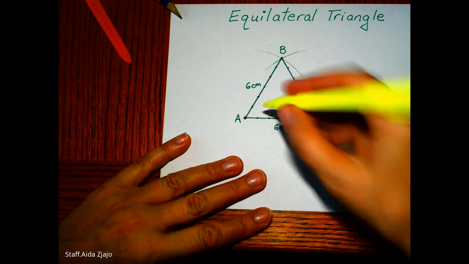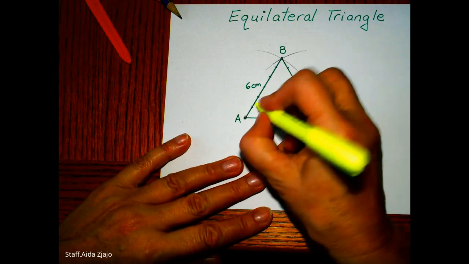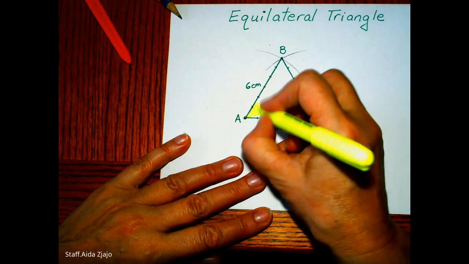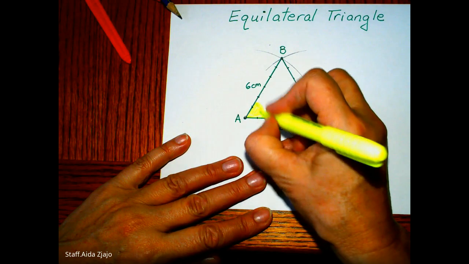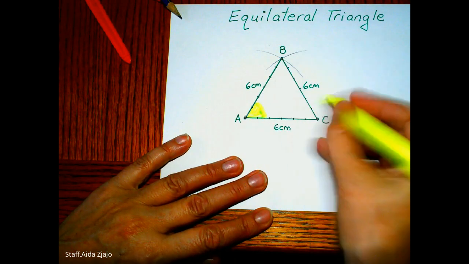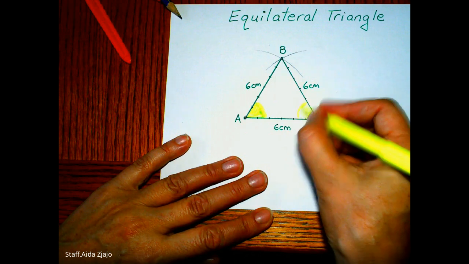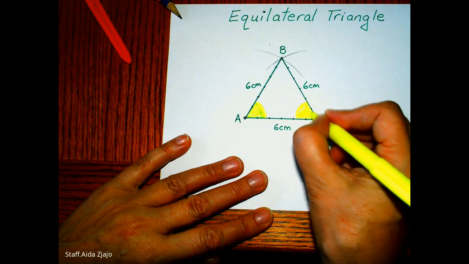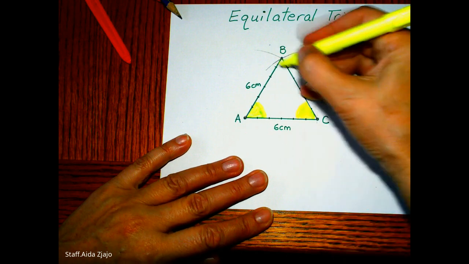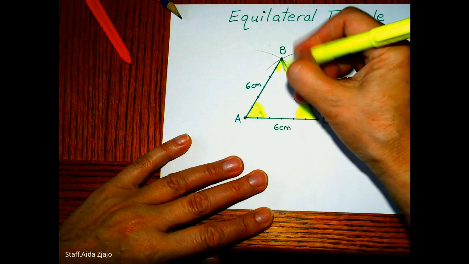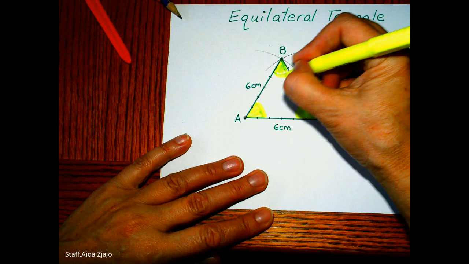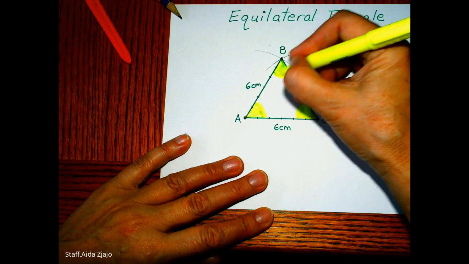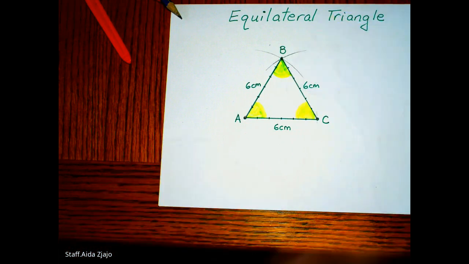That means that this angle is going to be equivalent, or congruent, to this angle, and also to this angle B. So if I take my highlighter, we're going to measure it to prove that we are right.